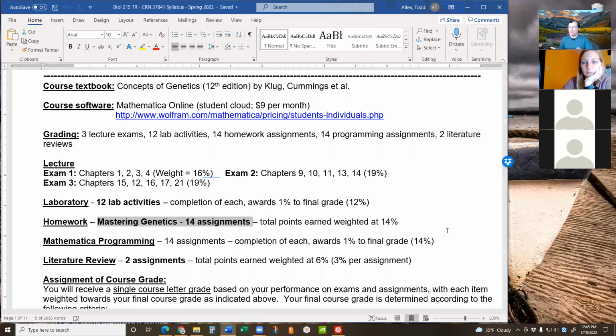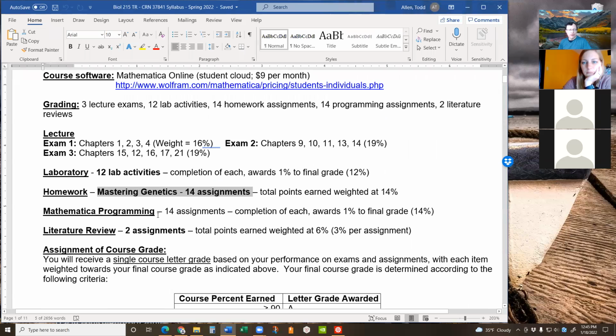So the homework is not punitive, right? I'm not trying to damage you. I'm trying to encourage your exploration of genetic ideas and enrich your understanding of content. So you can get a homework question wrong. The computer will tell you it's wrong, and then you can go back and redo it, submit a new answer, get it right and get credit for it. Okay, so that's how homework will work.